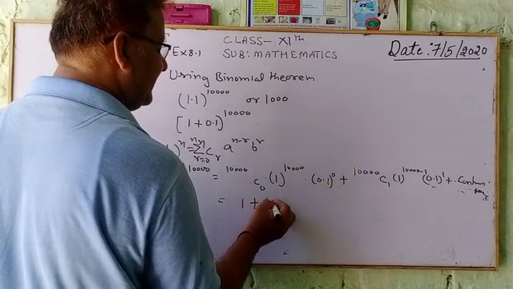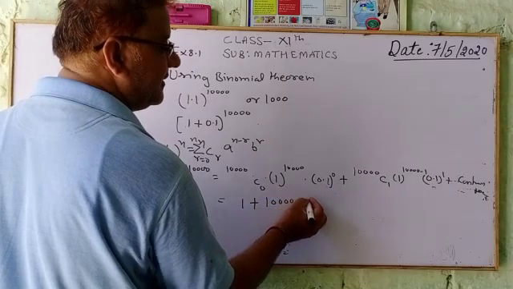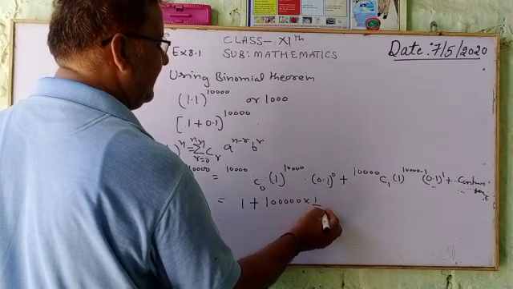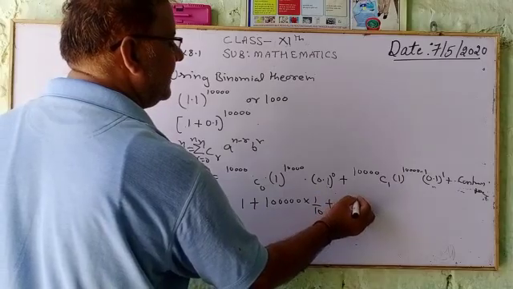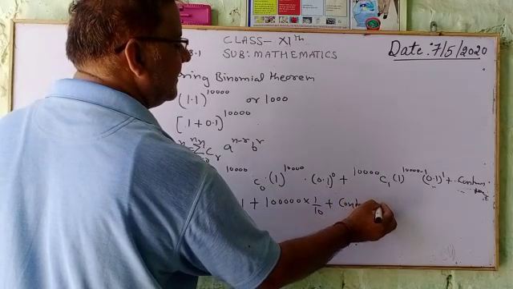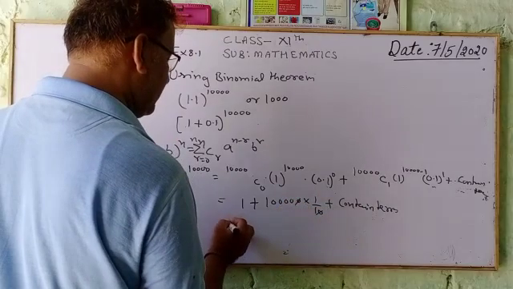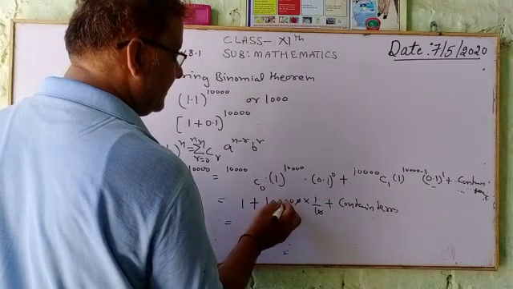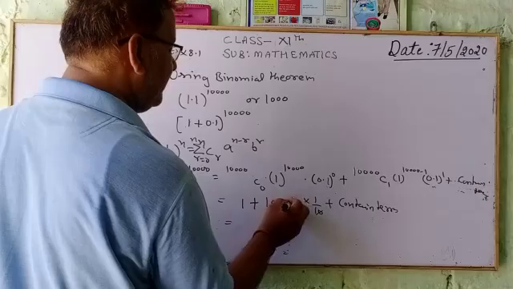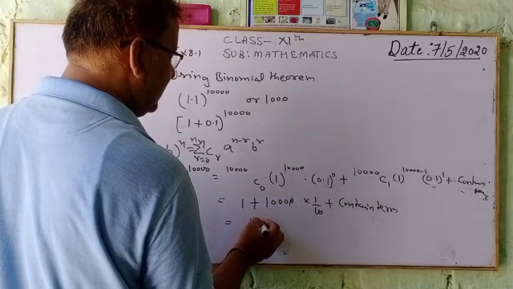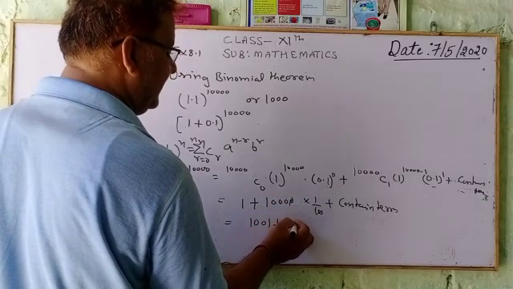And in this term we have 10,000 into 1 upon 10, plus remaining terms. So 0 cancels out, and adding with 10,000 we get 1,001 plus remaining terms.